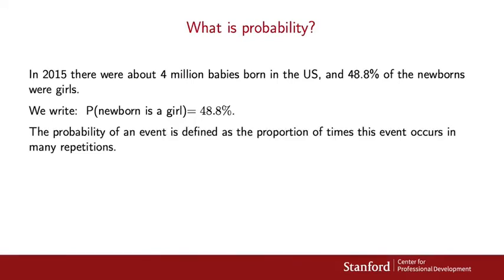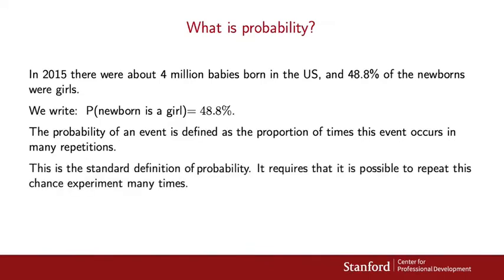So this example shows how the probability of an event is defined. It's defined as the proportion of times that this event occurs in many repetitions. This definition requires that we look at a chance experiment that can be repeated many, many times. For example, if we toss a fair coin, we say the chances of getting heads is 50% and the chances of getting tails is also 50%.